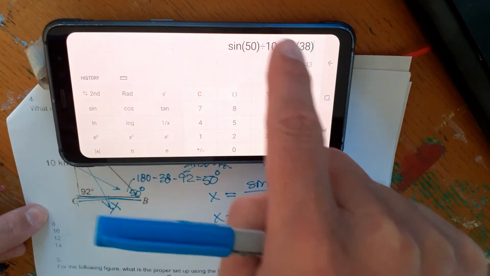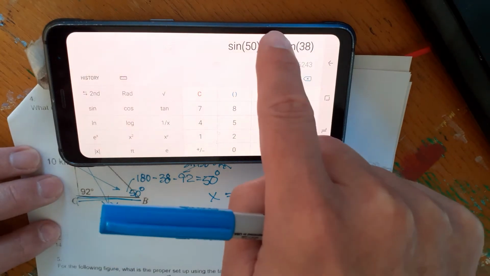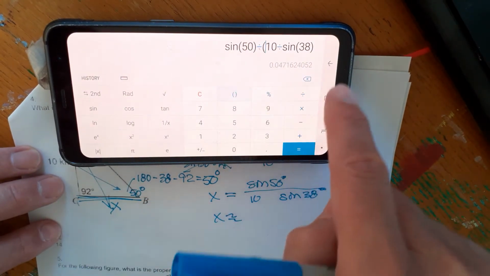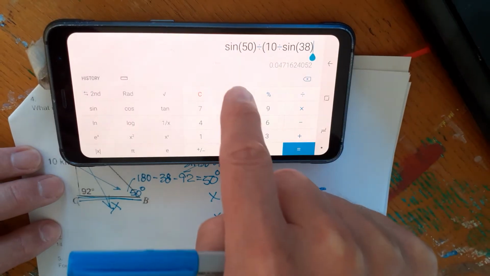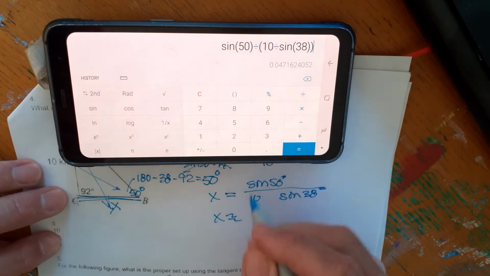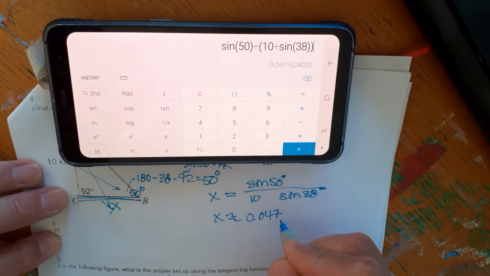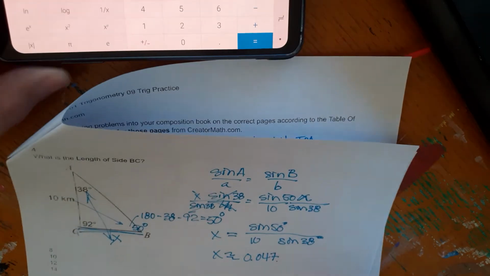I'm not totally sure I like the way that's coming out. Let's put parentheses around these, here and here. It's given us a very small size of 0.047, right? Not sure I like that at all.